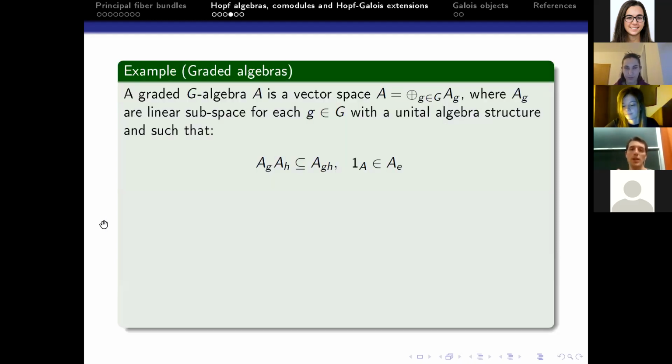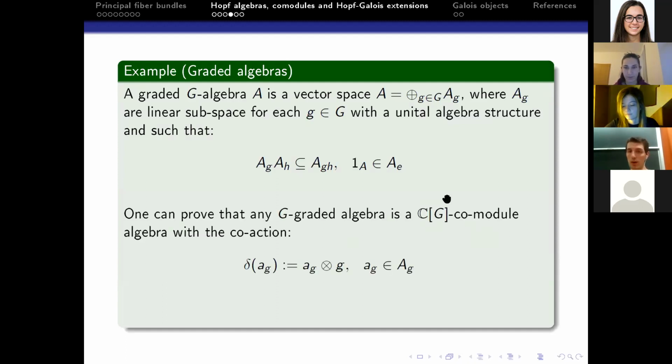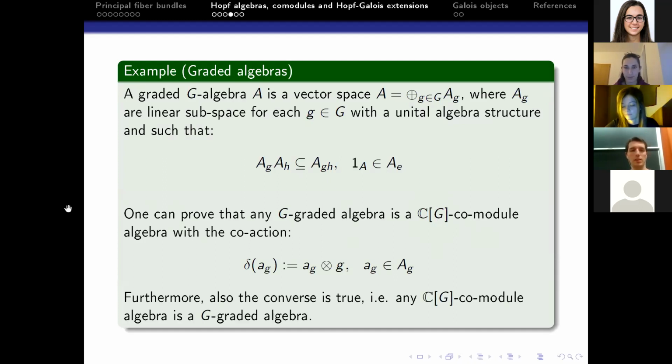If we take back our Hopf algebra CG, the group algebra, there is a nice result that any CG comodule algebra is a G-graded algebra and the other way around.